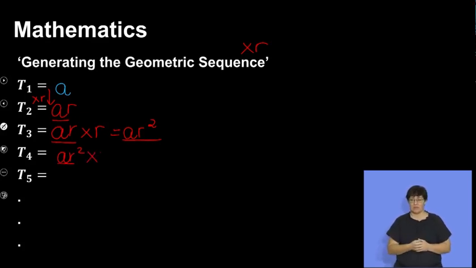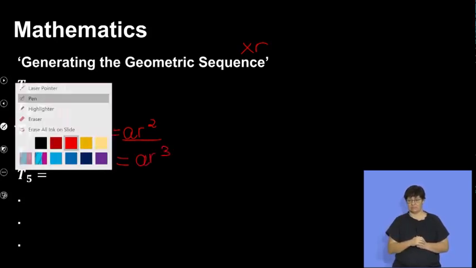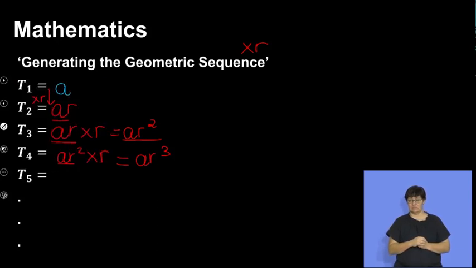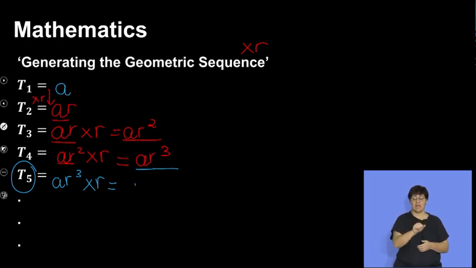So I'm going to multiply by R again, which means term 4 would be equal to AR cubed. I'm just going to swap my color, so hopefully it's a bit easier on your eyes, guys. The value of term 4 is AR cubed. And in order to get term 5, I have to multiply it again by the common ratio. So term 5 would be AR to the power of 4.